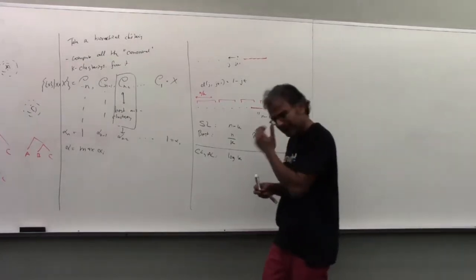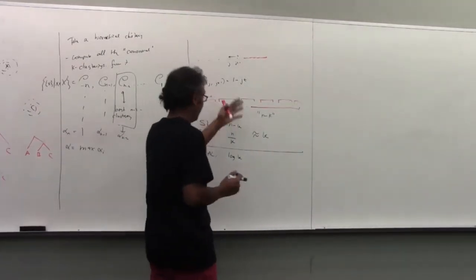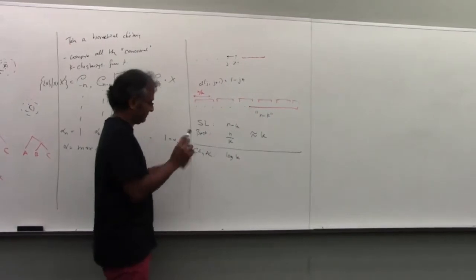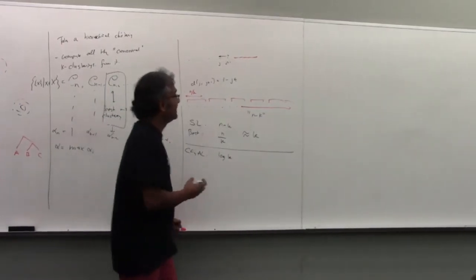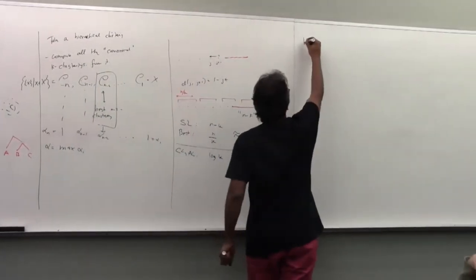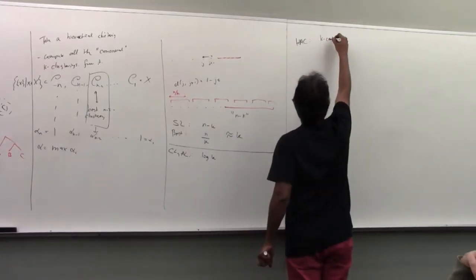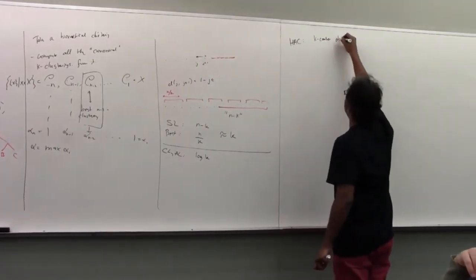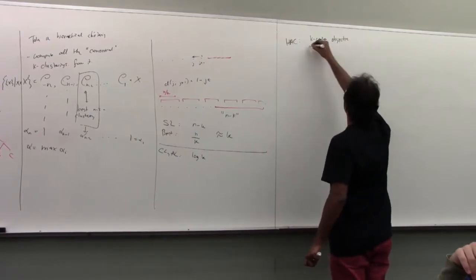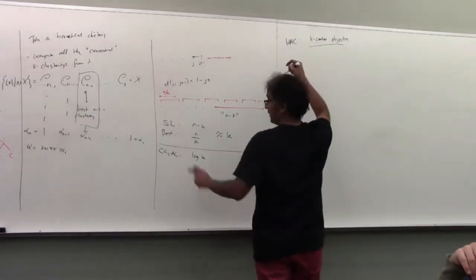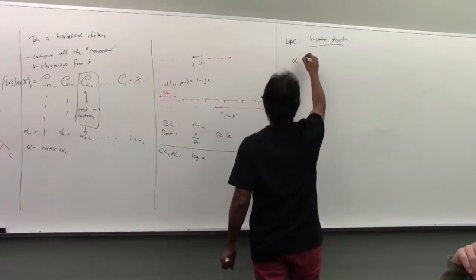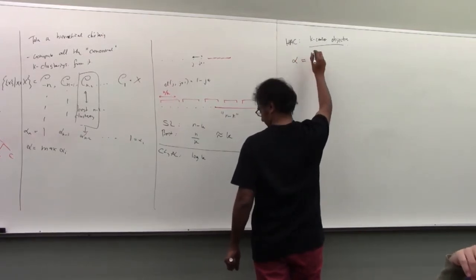So to give you the punchline first, there is a hierarchical clustering algorithm under the k-center objective, which means that you measure the cost of a clustering by the max diameter, such that the result you get, that alpha, is equal to 8.